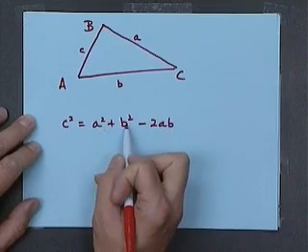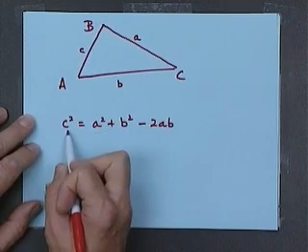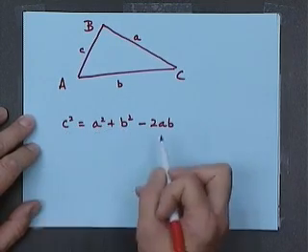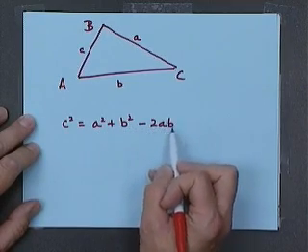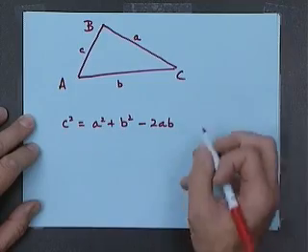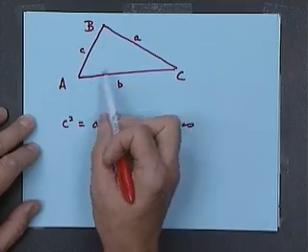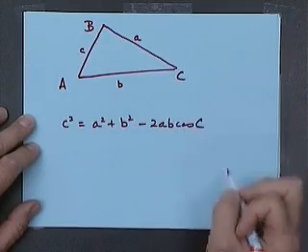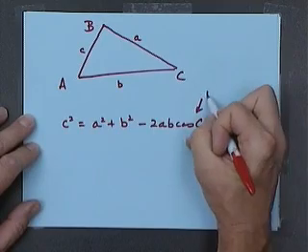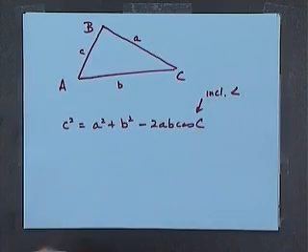So the sides that we were working with are A and B so that we can find C. So A squared plus B squared minus twice their product, meaning A and B, times the cosine of their included angle. So the angle between sides A and B is angle C. So this is always the included angle. So we don't have to start with C.